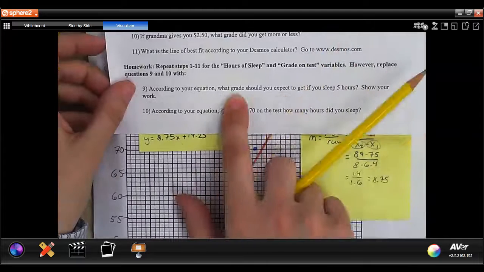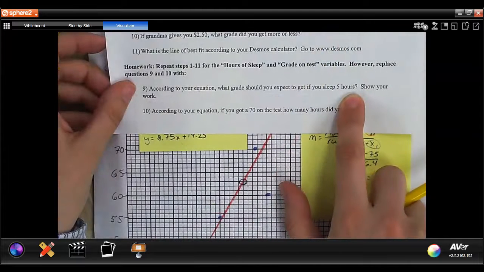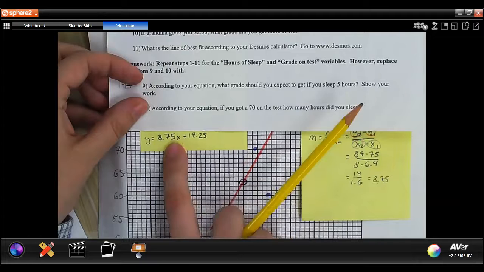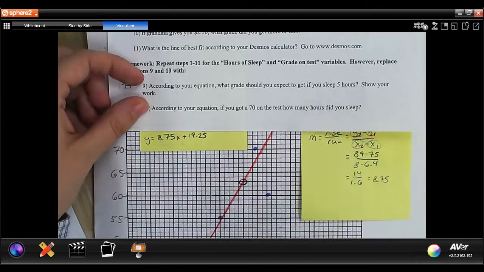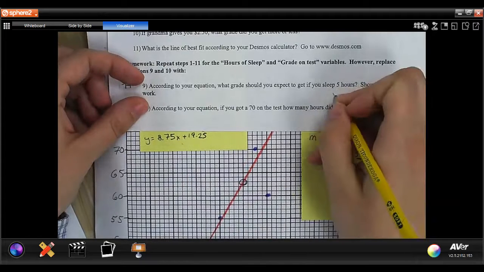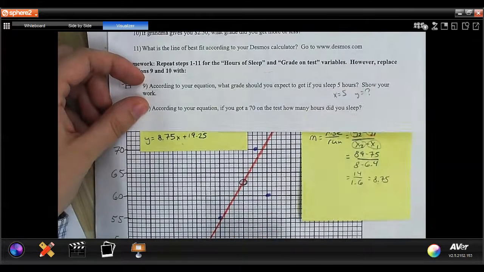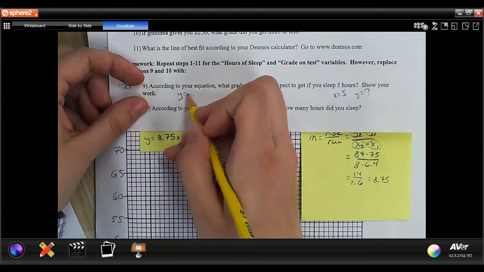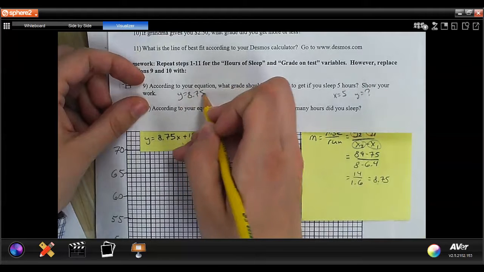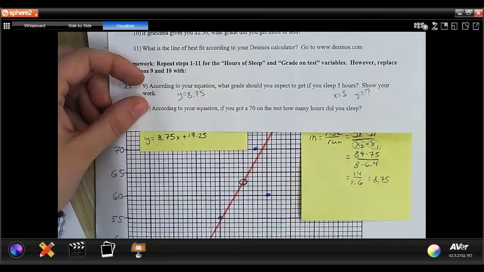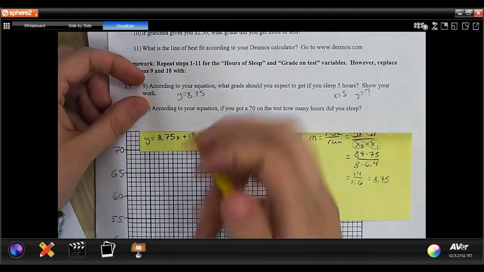According to your equation, what grade should you expect to get if you get 5 hours of sleep? Well, for 5 hours of sleep, sleep is on my x-axis, right? So this would be when x equals 5. I want to find what y equals. So I'm going to take y equals 8.75x plus 19.25. And again, your y-intercept is different from mine. Your slope is different from mine. That's a good thing.